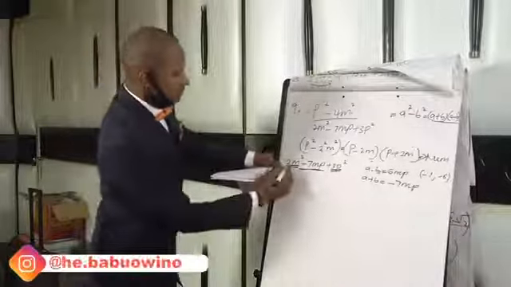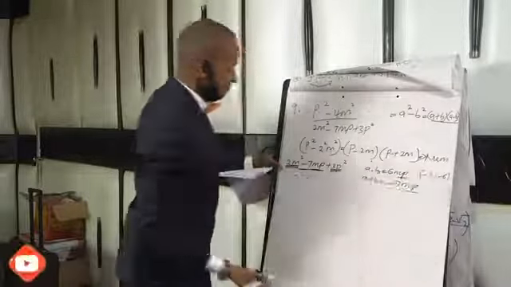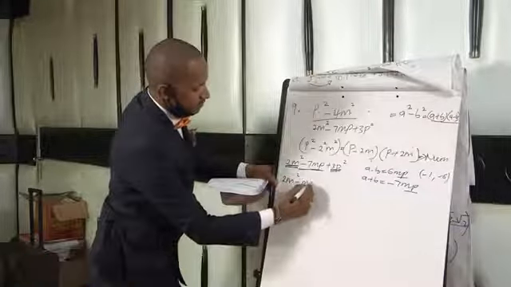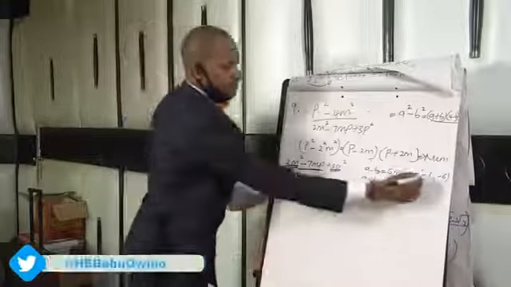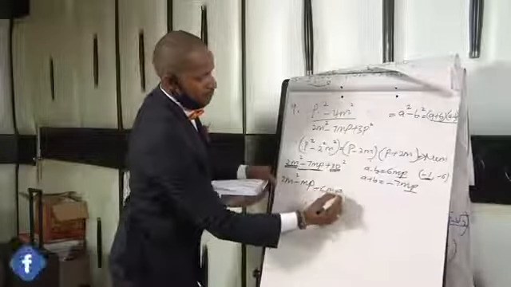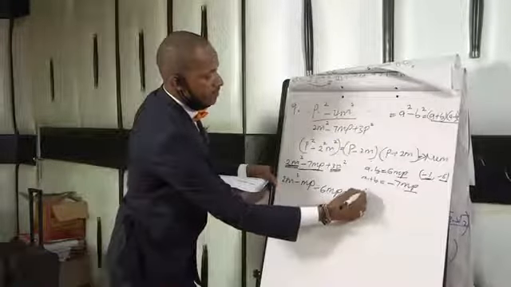You come back here, but now because we have mp, we will just replace mp. So we have 2m squared minus mp, which is represented by minus 1, then minus 6mp, which is represented by this minus 6, plus 3p squared.